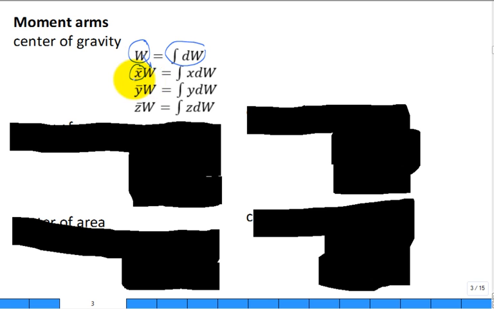So this would be the simple equivalent system for the actual continuous system, and that gives us the equation for x bar: 1 over the total weight, the integral of x dW, the actual location of every little chunk of weight that makes up the system. Similarly for the y and the z.